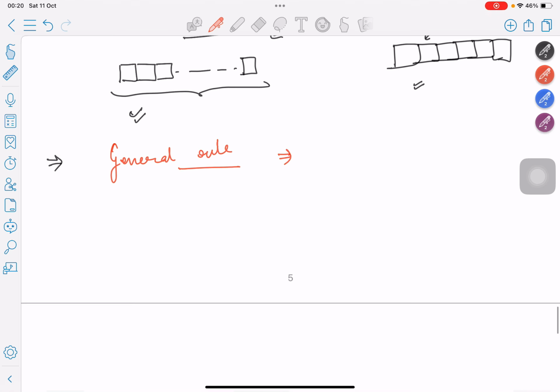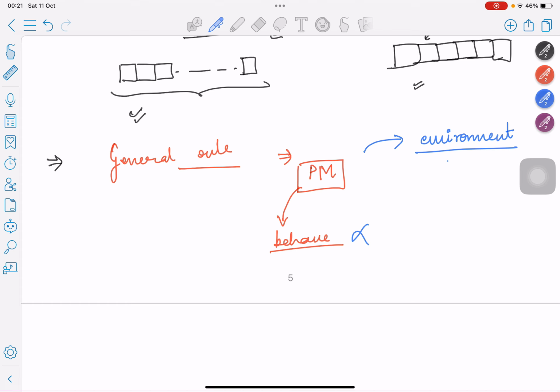If I need to define a performance measure, I should not define it on the basis of how the AI agent should behave. I should define the performance measure on the basis of how it is going to affect my environment. So the performance measure should be on the basis of the environment rather than on the behavior of agents.